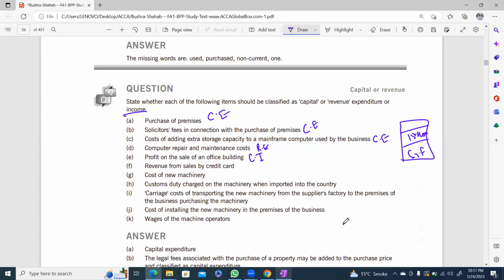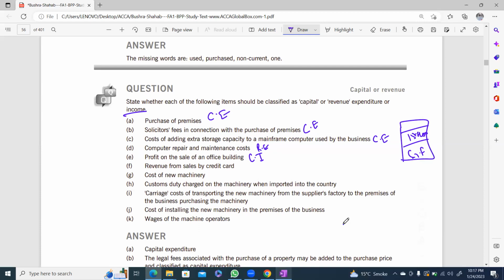Miss, capital expenditure. Yeah, transporting is capital expenditure. Cost of installing, miss, capital expenditure. Okay, wages of machine operators. Miss, revenue expenditure. Yeah, exactly.